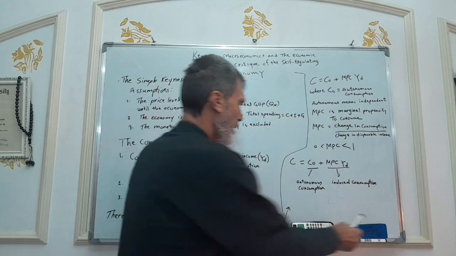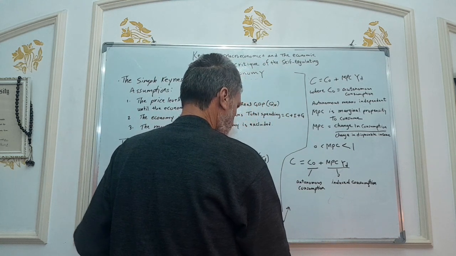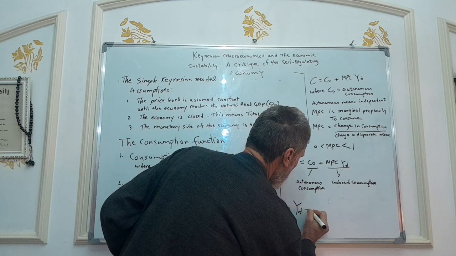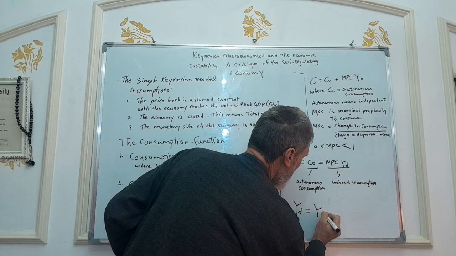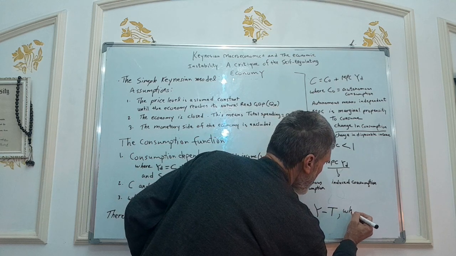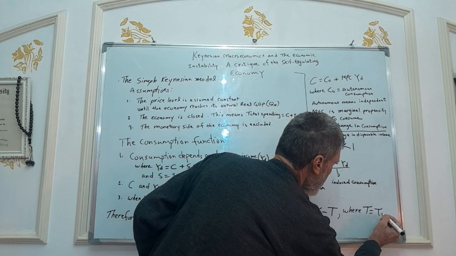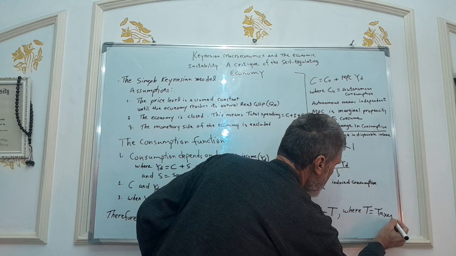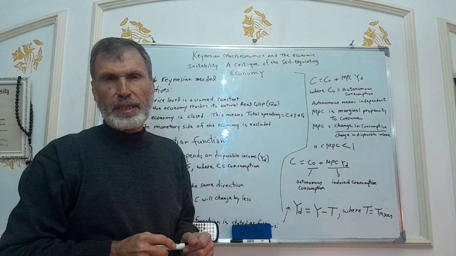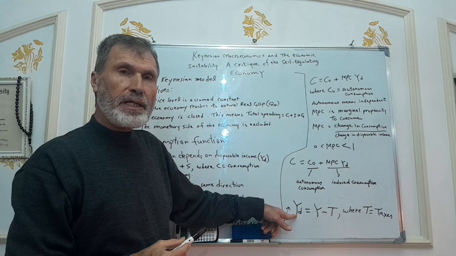Remember that YD is equal to Y minus T, where T is taxes. Taxes have gone down, which implies that your disposable income will increase.